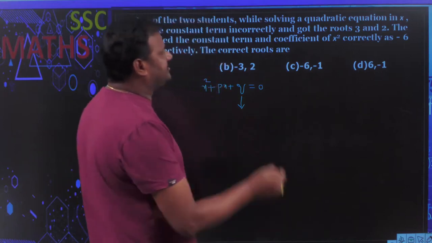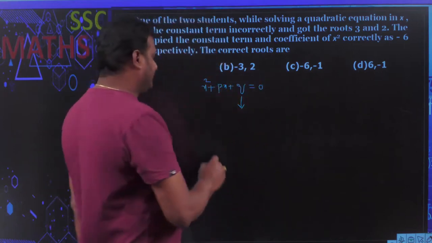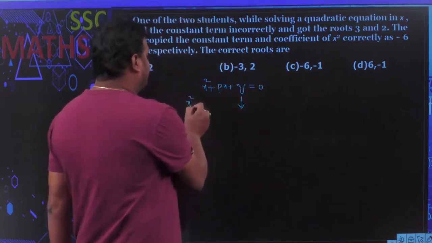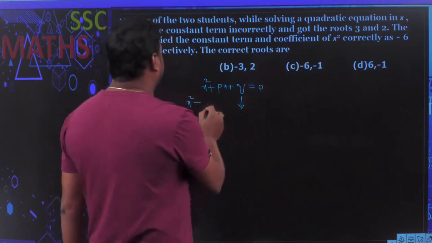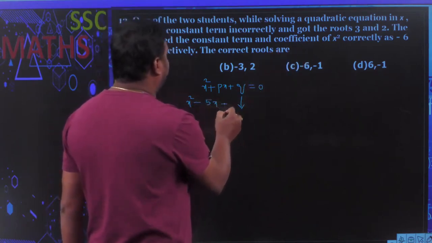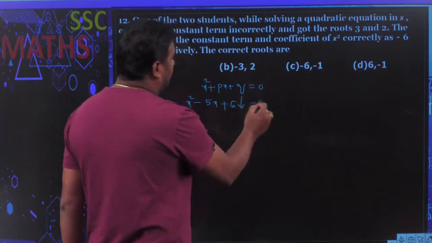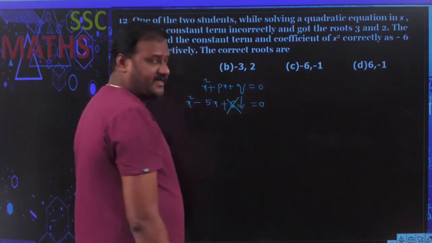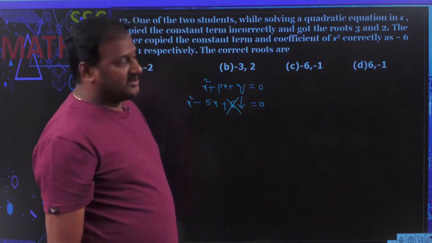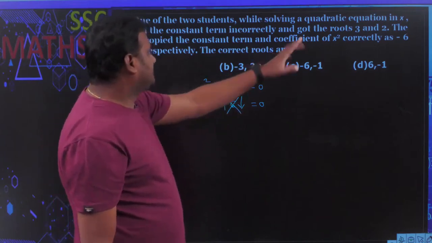What is the quadratic equation whose roots are 3 comma 2? That is x square minus 5x plus 6, because 3 plus 2 is 5 and 3 into 2 is equal to 6. So here the constant term is wrong.